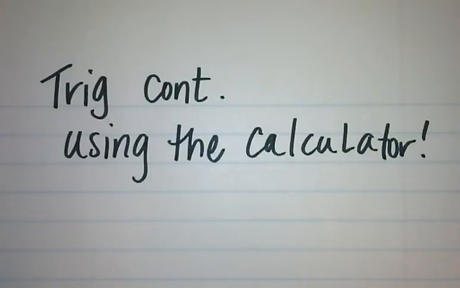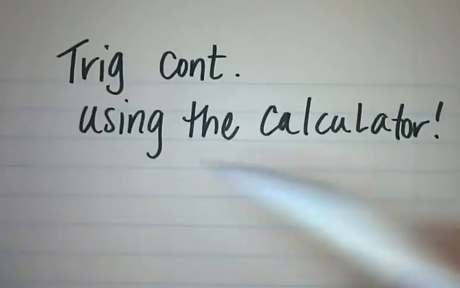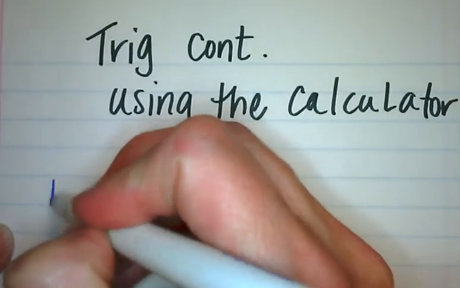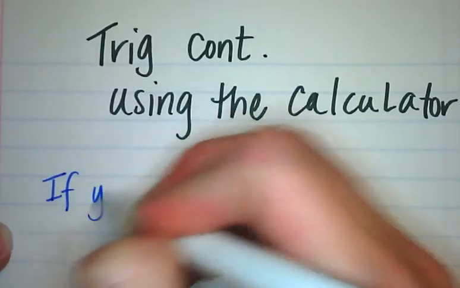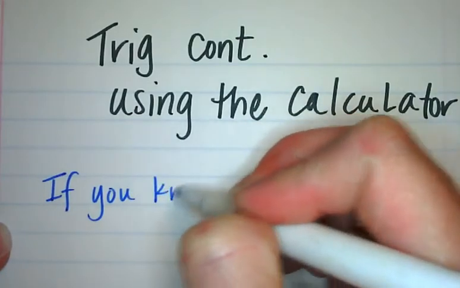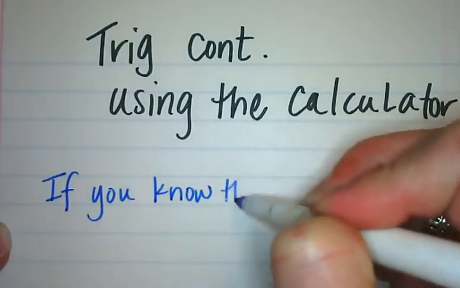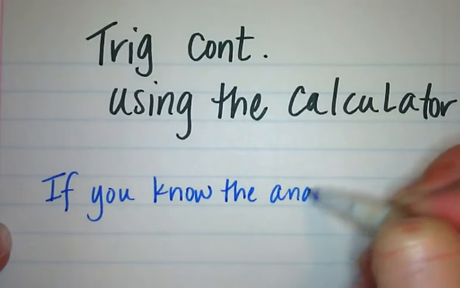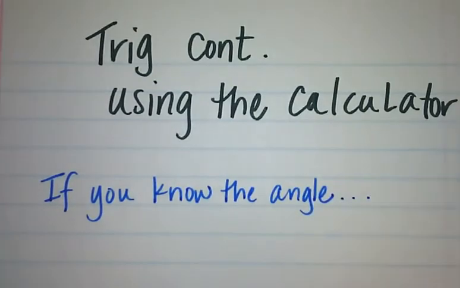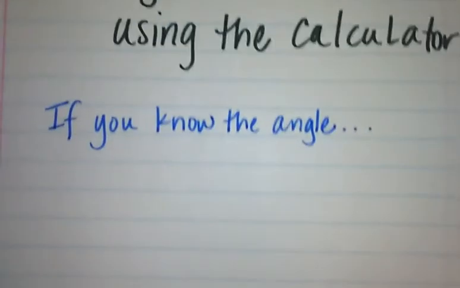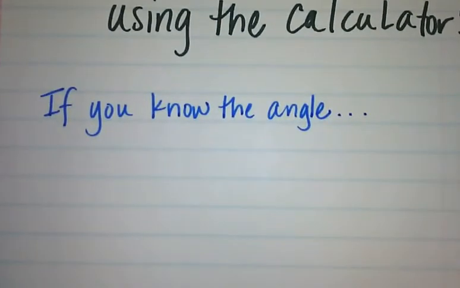Okay, so this is if you know the angle. So you know that the angle is 37 degrees, or you know that the angle is 57 degrees.